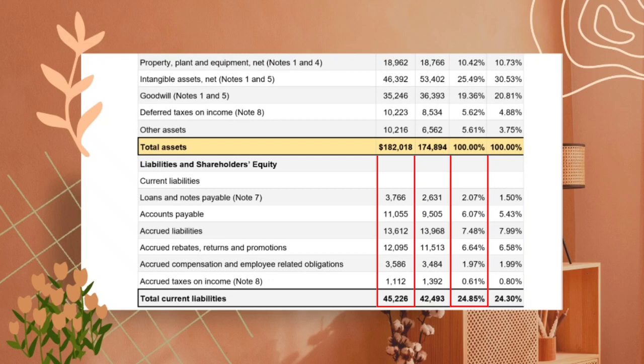For accounts payable, we have here 11,055 divided by total asset of 182,018 multiplied by 100. The result will be 6.07%. We have here accrued liabilities, which is 13,612 divided by 182,018 multiplied by 100 is equals to 7.48%.